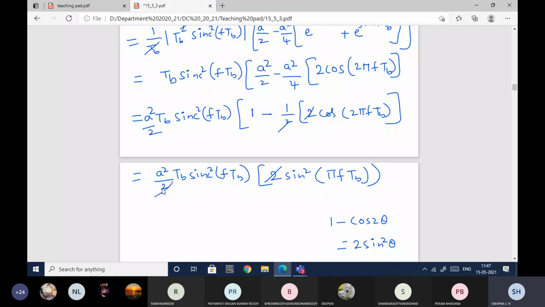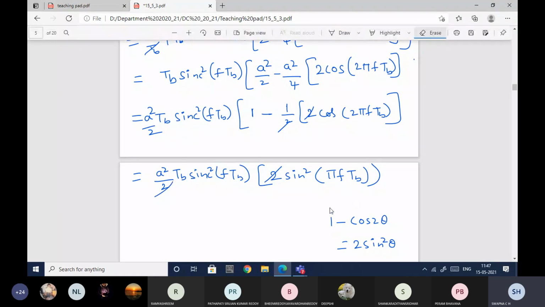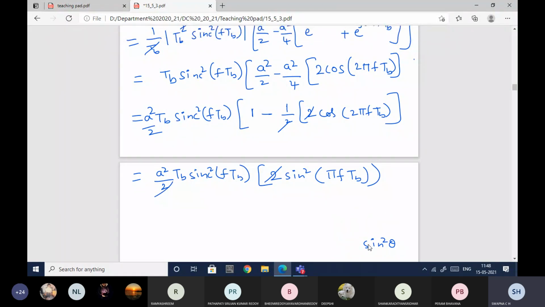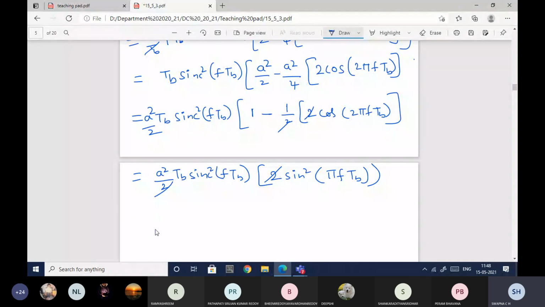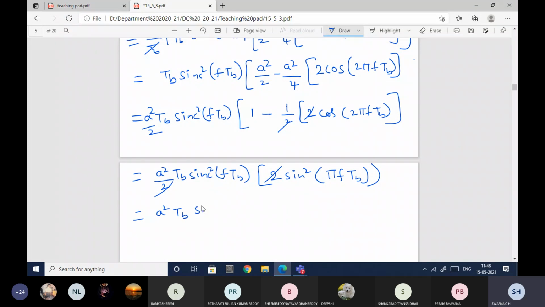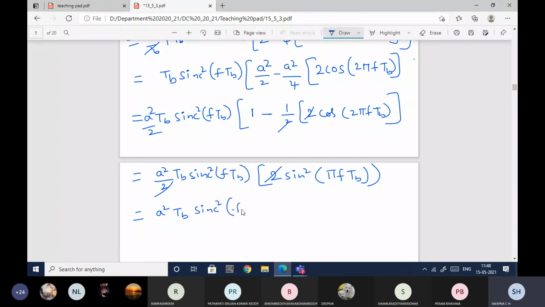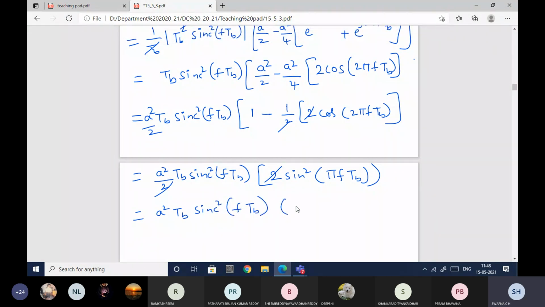So this 2 and this 2 will get cancelled. So I'll be just left with A squared Tb sinc squared f Tb into sin squared pi f Tb.